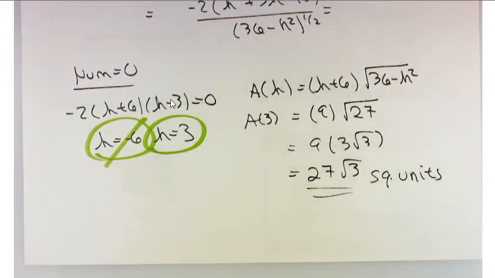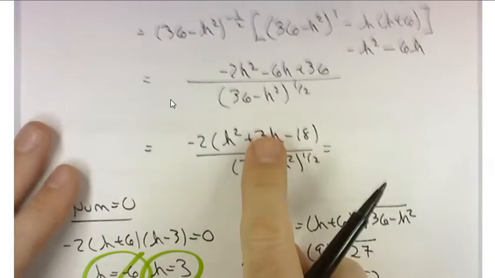Any wrap up or thoughts on problem 24 here? That's a good question. Is it the max or is it the min? There's a couple ways you could find out. I'm not sure I'd really want to employ the second derivative test here.